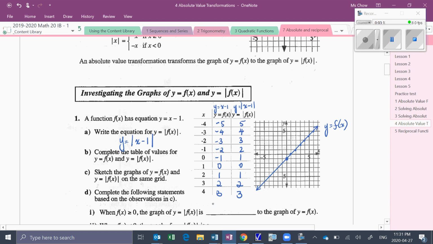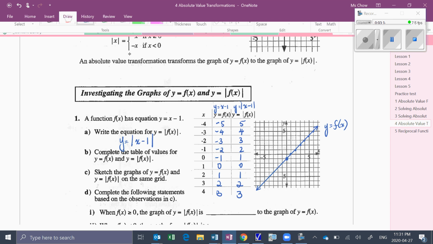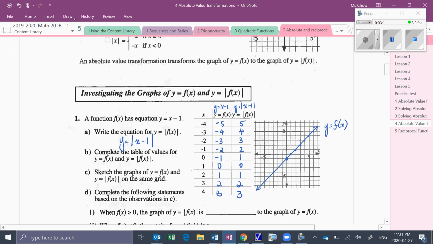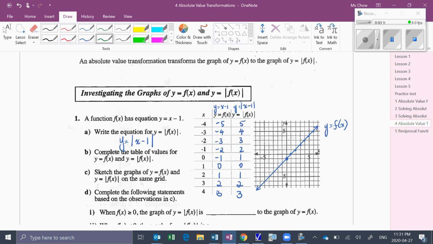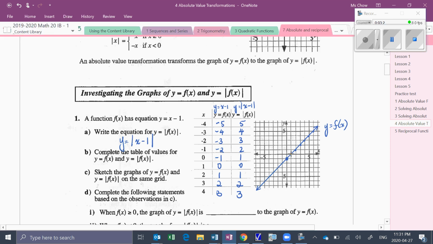When we graph the other one, though, what we'll see of the absolute value is that we end up with all of these points right here.